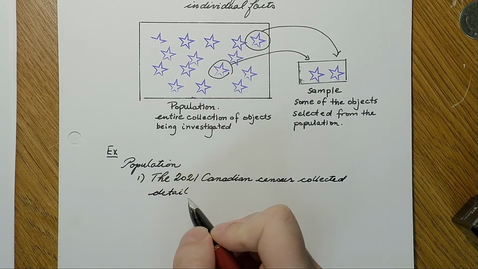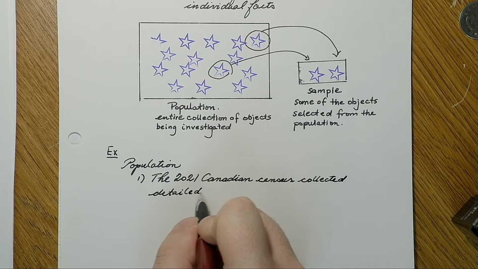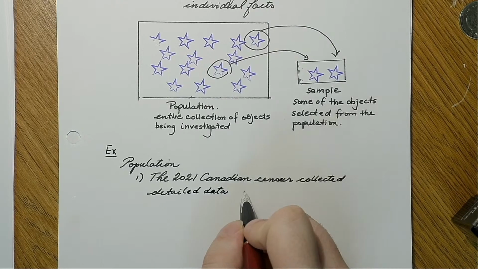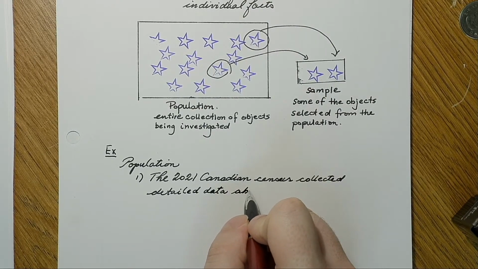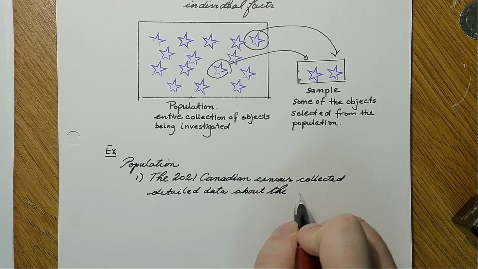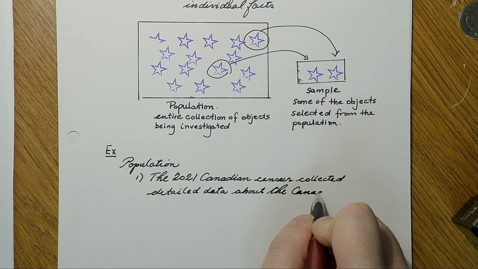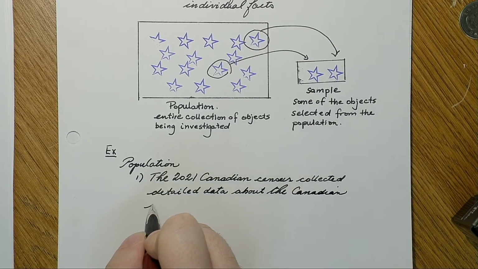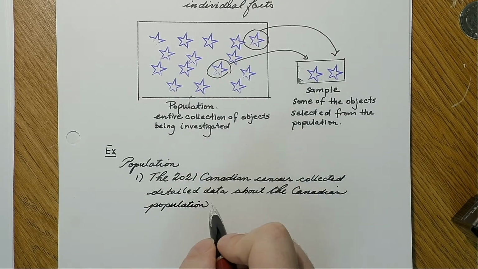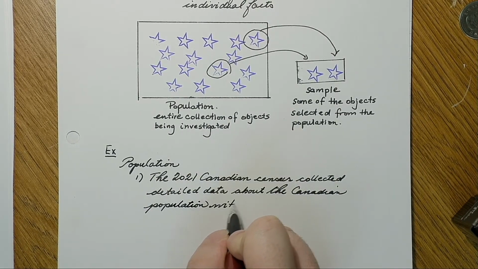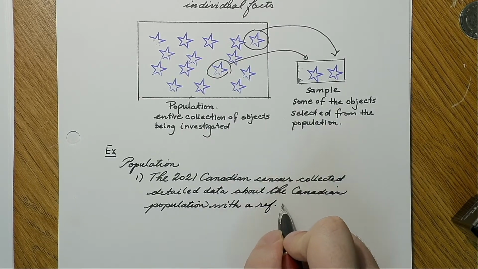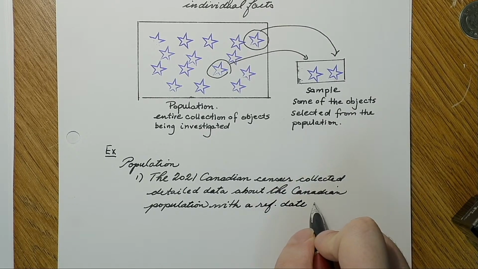So people had to submit detailed surveys. If they didn't, there was also people who went door to door. And this was about the entire Canadian population, with a reference date of the 11th of May.